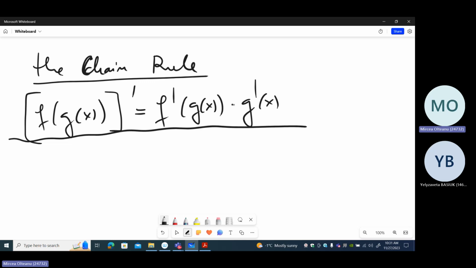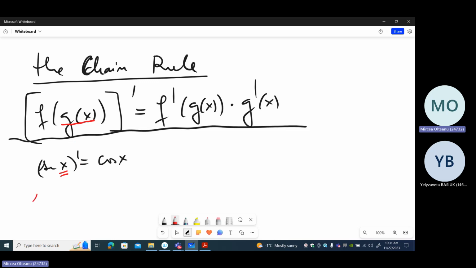So here we have multiplication, attention. What does that mean? Well, for example, in our table of derivatives, before we had sine of x, its derivative is cosine of x. But what if here we don't have x, but an expression which depends on x?